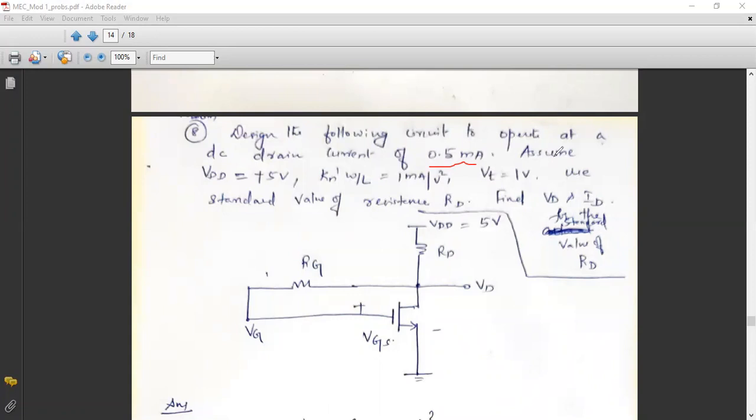Assume VDD equal to positive 5 volt. Kn dash W by L is 1 milliampere per volt square. Vt equal to 1 volt.